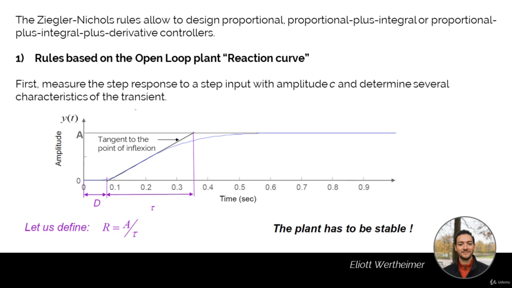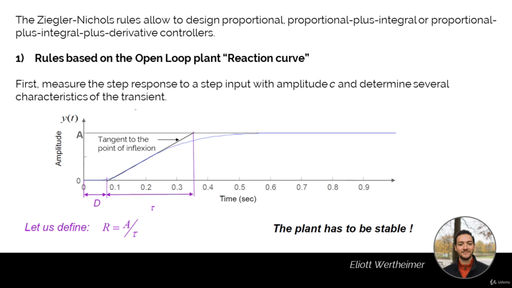So what we want to do in this case is measure the step response to a step input with amplitude c and determine several characteristics of the transient. What I mean by amplitude c is that you can use any amplitude. All you gotta do is give it a step input. It means a sudden input of a fixed amplitude c, for example.